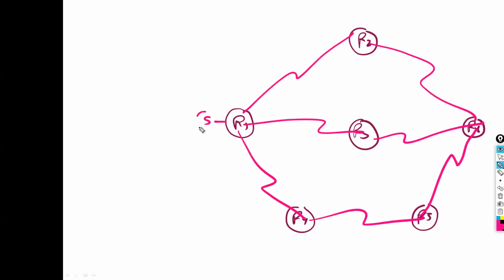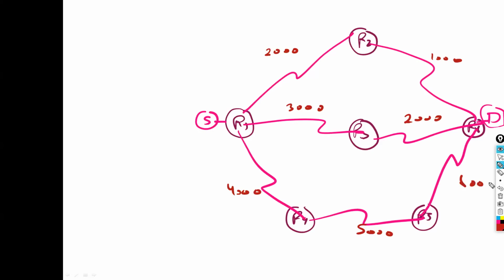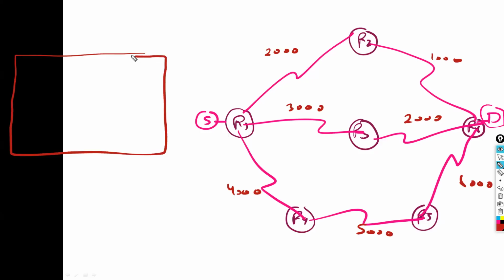Now here we have the source and here we have, for example, the destination. To reach from the source to the destination, we have some cost. For example, I'm using random numbers: 2000, 1000, here 3000, here 2000, here 4000, 5000, 6000. Now we have multiple routes to reach from source to destination.